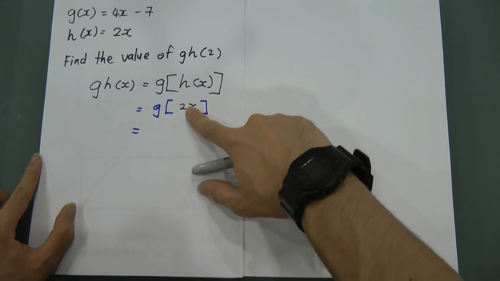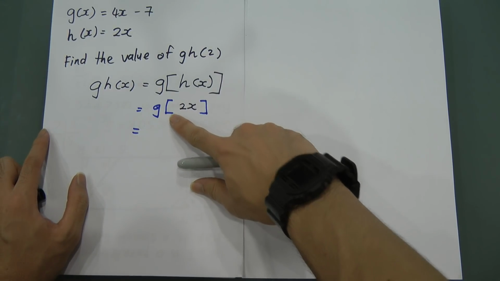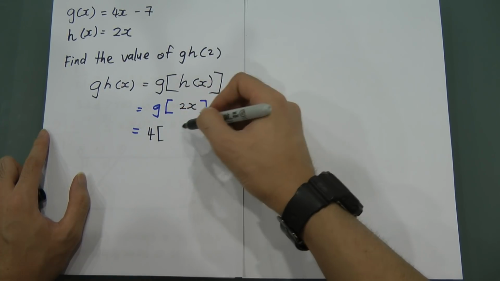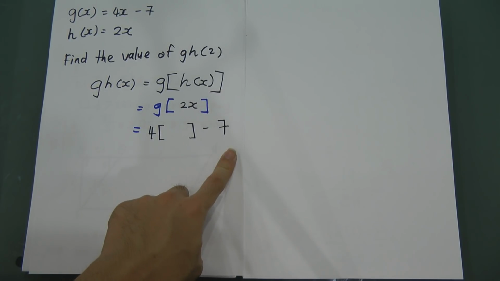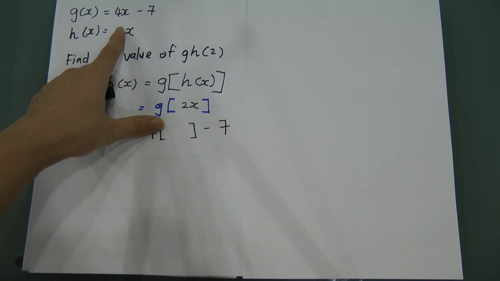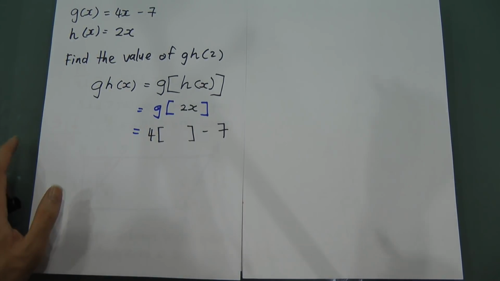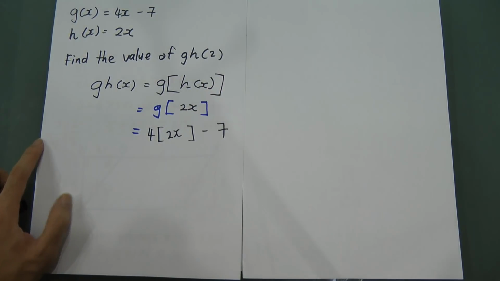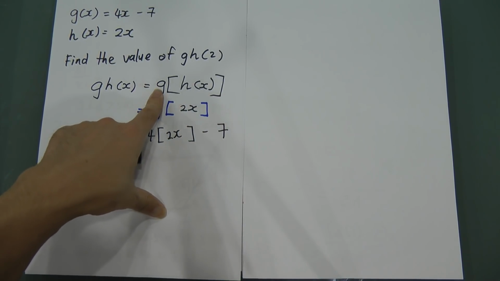When g(x) is 4x minus 7, because x is the variable, we can change it to any value. So now x changes to 2x, and we get 4(2x) minus 7, because he wants gh(x).